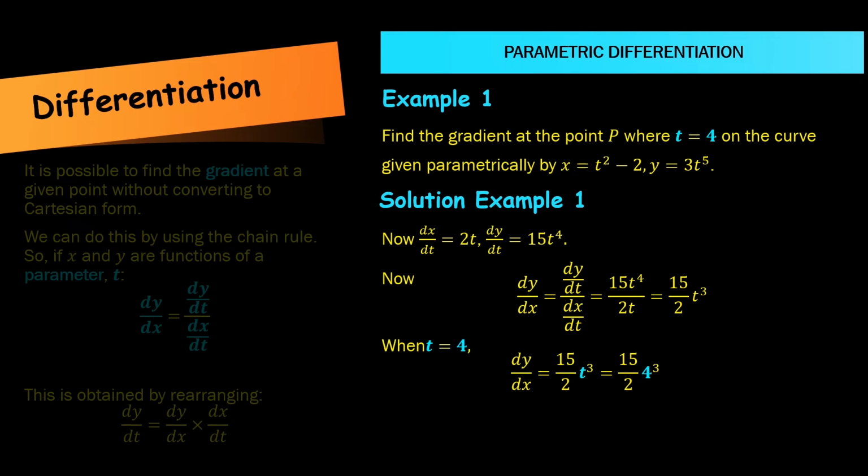So when t equals 4, we simply plug in t equal to 4 in the formula as shown, to give us 480. Therefore, the gradient at P is 480.